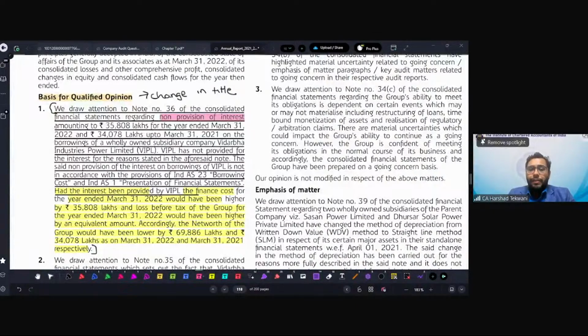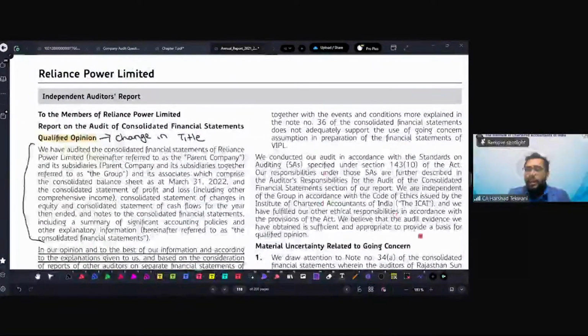This is not as per the financial reporting framework. This is how it should have been reported as per the financial reporting framework. And then the rest of the opinion paragraph and basis of opinion paragraph will be similar, that we have conducted our audit in accordance with the standards on auditing. Everything will be the same.